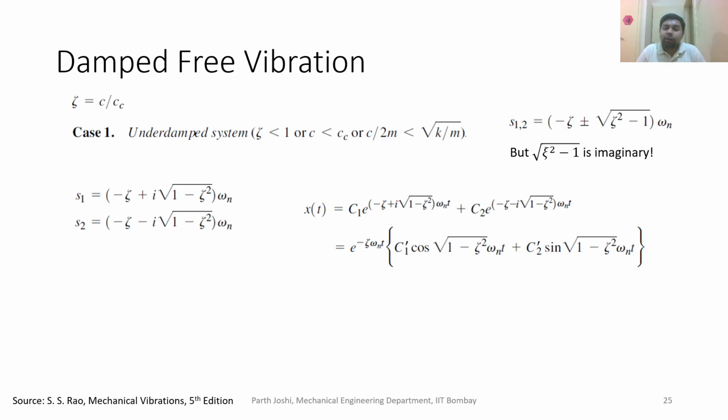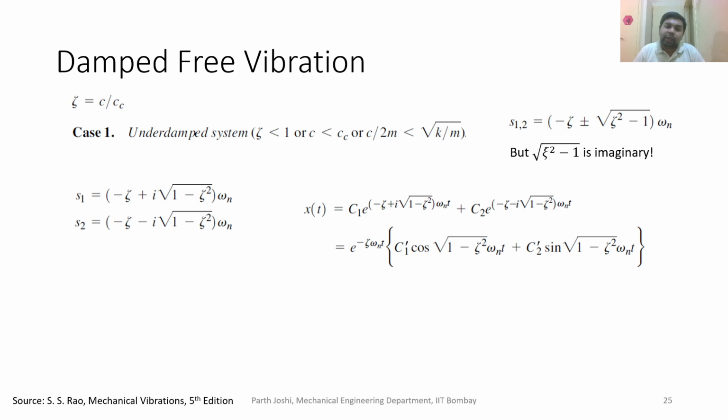Now the nature of the roots is slightly different, because the roots are complex. We can use the property that e to the power i omega t is cos omega t plus i sin omega t, which is called de Moivre's theorem or something.